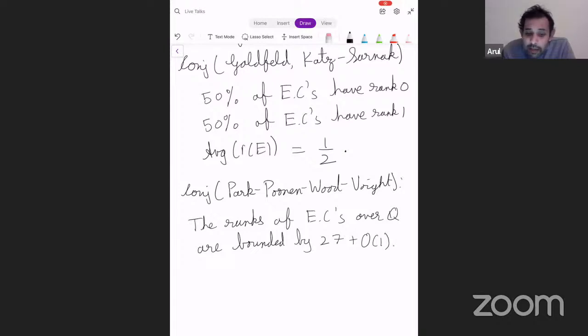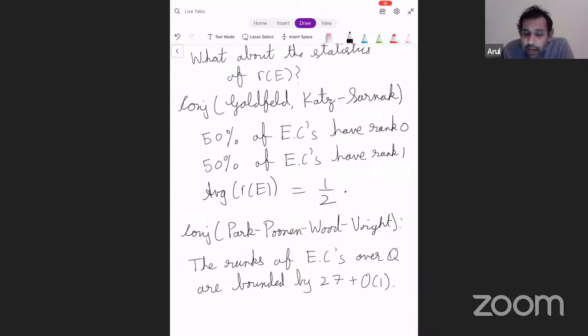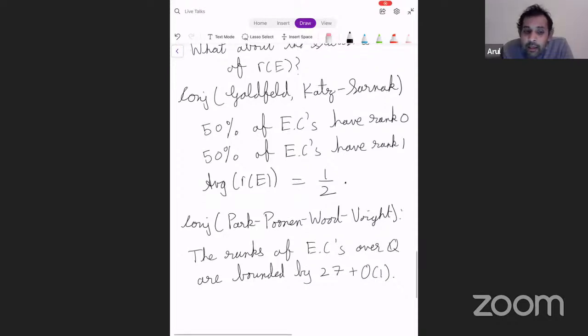So these 0% of elliptic curves that are supposed to be extremely rare are very mysterious. If you want to ask whether the rank is bounded or not, these are very difficult questions about which we know very little. We don't even know whether it's true or not. This conjecture, for example, was quite recent, and there have been conjectures claiming the opposite direction as well.